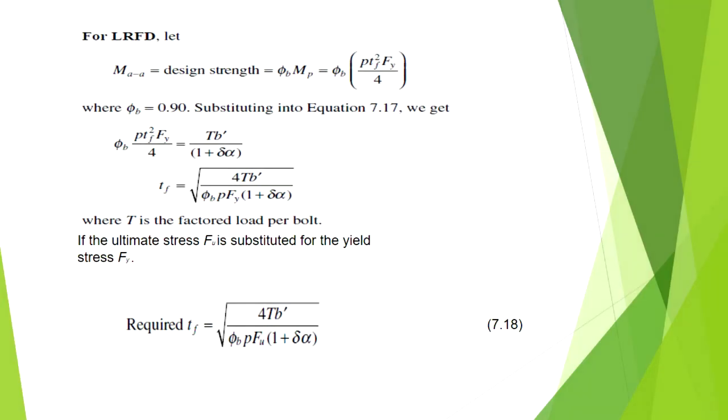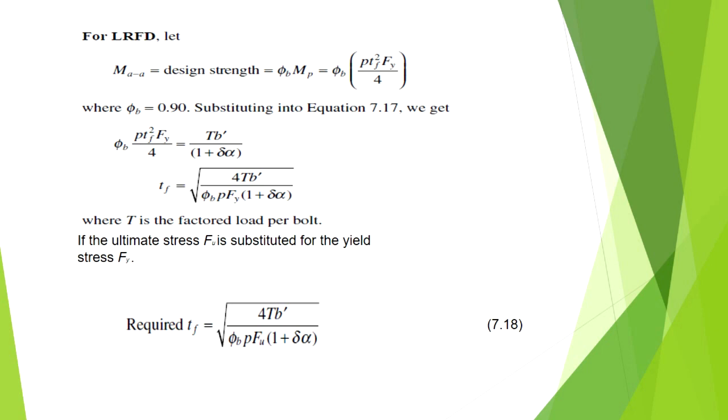For LRFD, let M sub A to A be equal to the design strength, which is phi sub b times p times t f squared times F y over 4, where phi sub b is equal to 0.90. Substituting into equation 7.7, we get phi times p times t f squared times F y over 4 is equal to T B prime over 1 plus elongation times alpha, where t f is equal to the square root of 4 T B prime divided by phi times p times F y times 1 plus elongation times alpha, where T is the factored load per bolt.